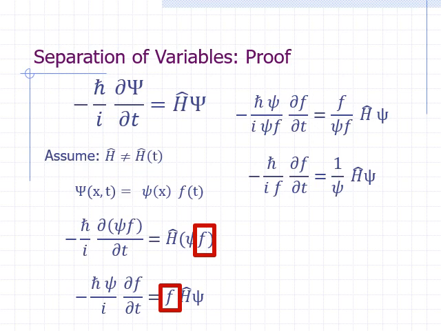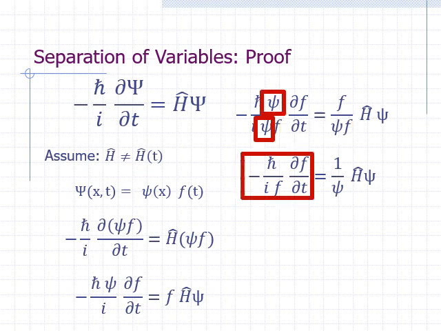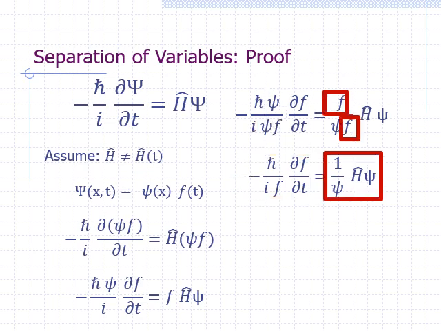Now, let's divide both sides by lowercase psi times f. Then simplify. On the left-hand side, lowercase psi cancels out, leaving us with negative h bar over i, 1 over f, times the partial derivative of f with respect to time. On the right-hand side, f cancels out, leaving us with 1 over lowercase psi times H hat psi.